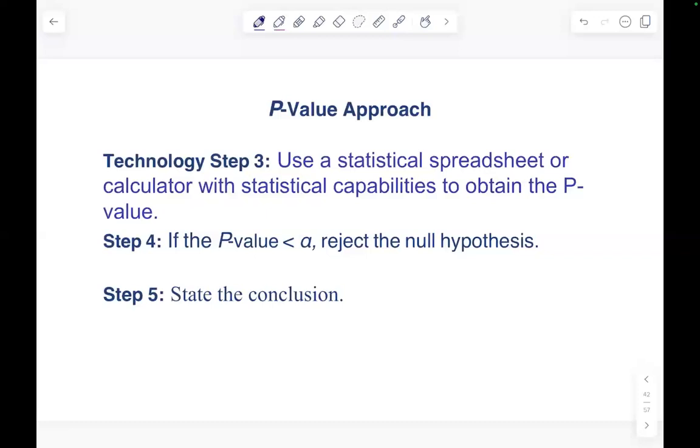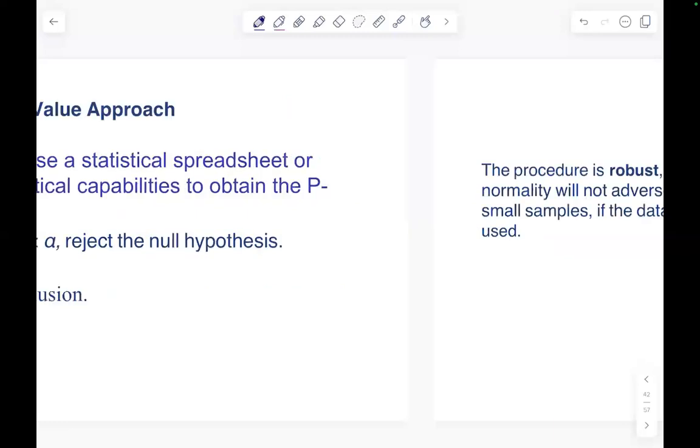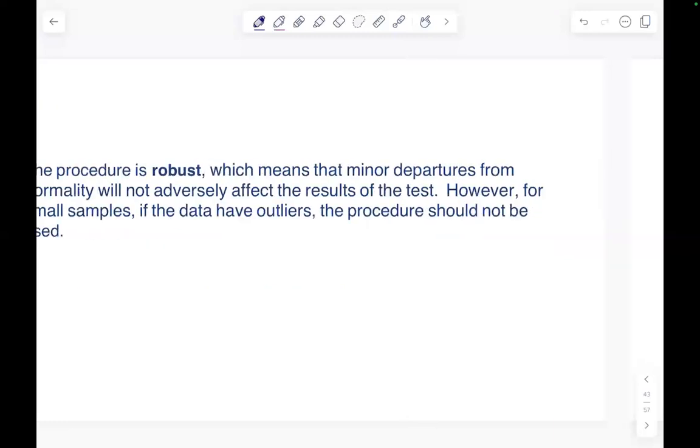So my OpenMath will decide which method you're using, but I don't care. On your test, as long as you show me your work, I don't care. I do want to say on the test, you will be asked to show every step of a hypothesis test. Showing every step means, okay, hold on.